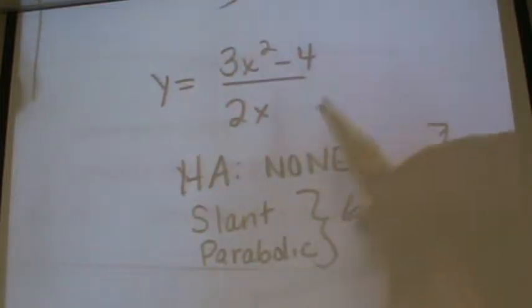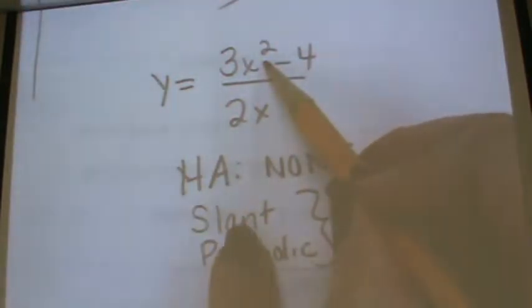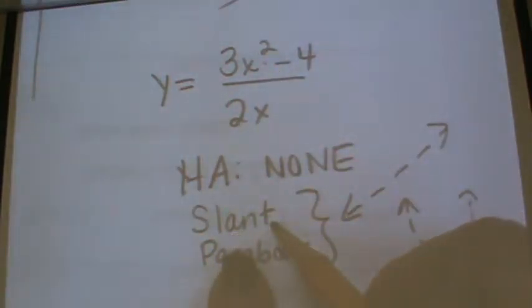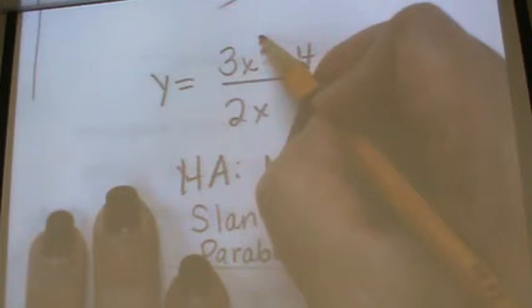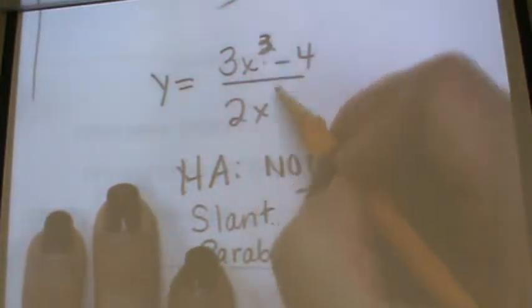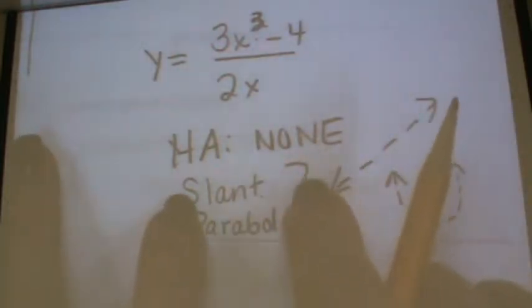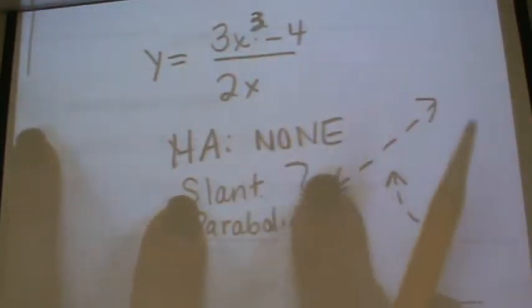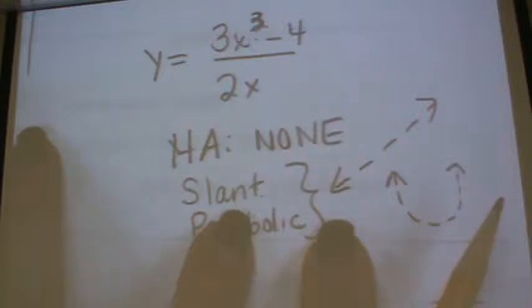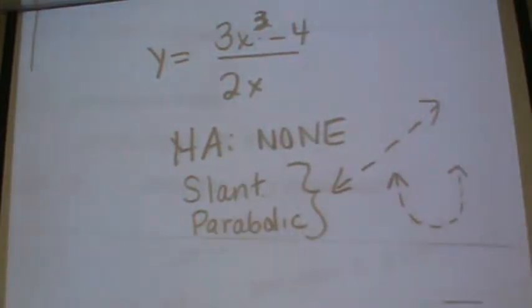If it's top heavy by 1, there's a slant asymptote. If it were top heavy by 2, if I made this a 3, there's a parabolic asymptote. You will explore these two asymptotes in pre-calc. We're not going to do it. Pre-calc goes deeper into these asymptotes. What if it's more than 2? Then don't worry about it. There is none.